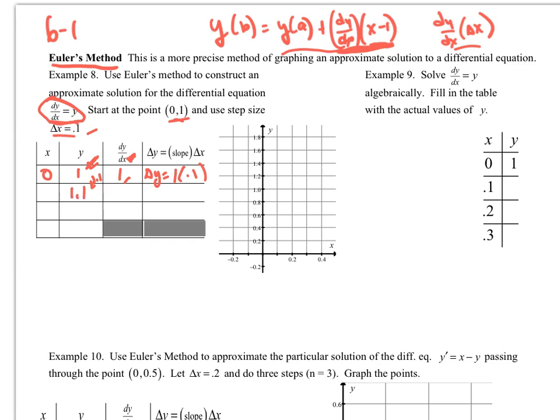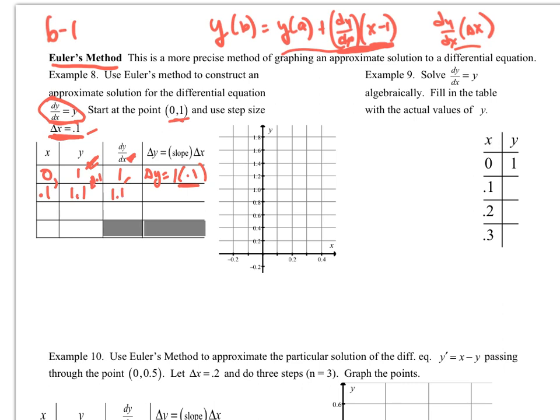So I'm going to get a 1.1. Now what is my x value? Well, I increase by 0.1. So in other words, the change in x is going to be given to you. That's what I'm going to be going up by. The change in y you have to find. So it's not this 0.1, but it is this 0.1 right here that the y changes in.